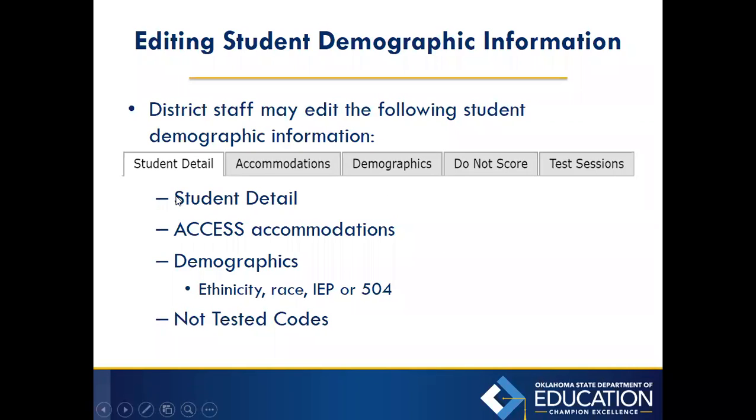Make sure that their first and last names are spelled correctly. This is the accommodations tab. Make sure that the accommodations are put on there before they start testing. For the demographics, the only ones we're looking for are the ethnicity, race, or if they're in an IEP or 504. Those are the only ones that are needed. When you click on this tab, you'll see there are a lot of different things that are asked for, but these are the only ones we're looking for here at OSDE. And if you have a do not score.